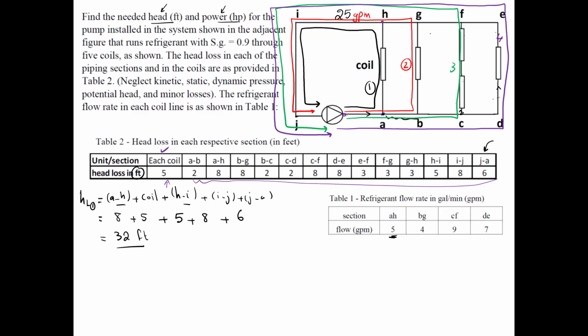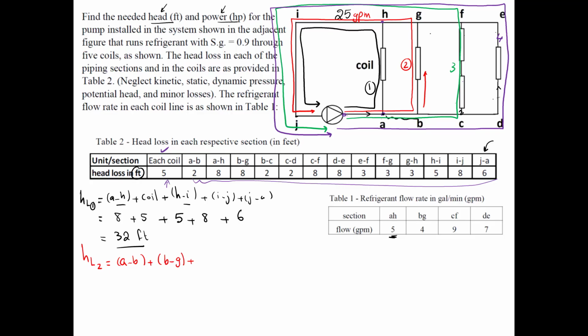The second path, let's keep the red code, so head loss 2. Here we have A, B, and then we'll go from B to G. Again, that's the head loss. I'm just not going to write head loss, BG, and so on.